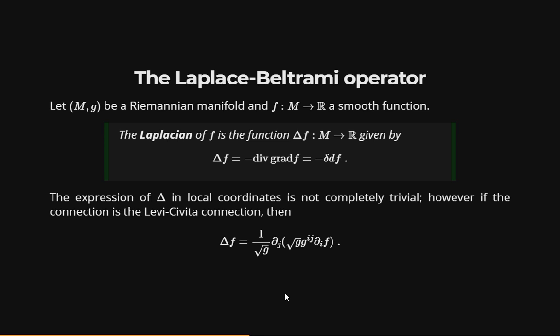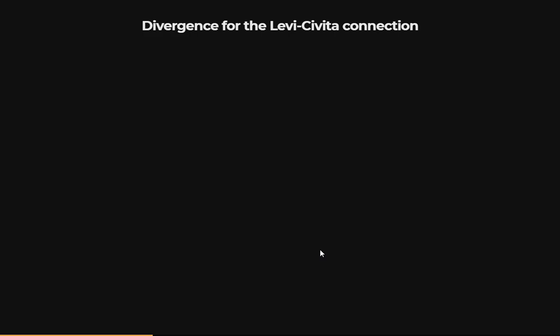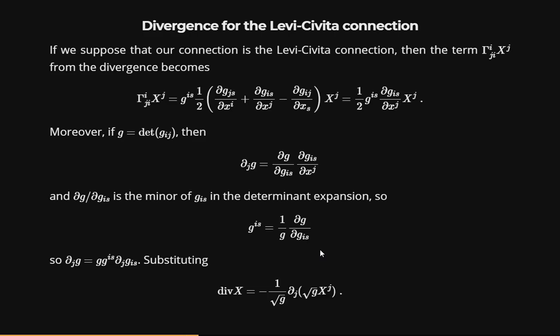For the Levi-Civita connection, we use the formula from before of the divergence, and we get this. Here, in place of our vector field X, we put the gradient of f, and here we get minus minus, so it's a plus.